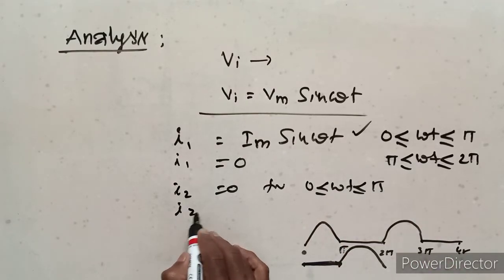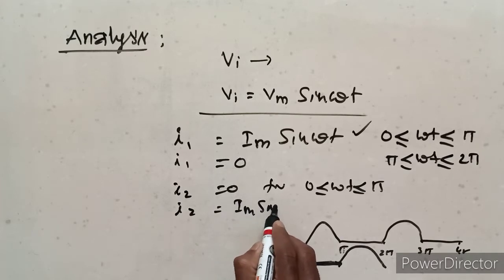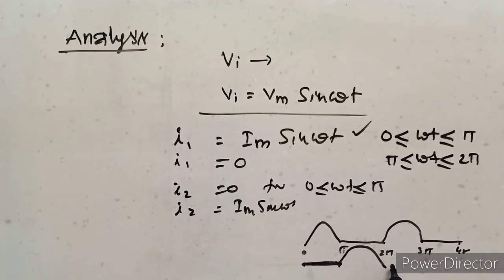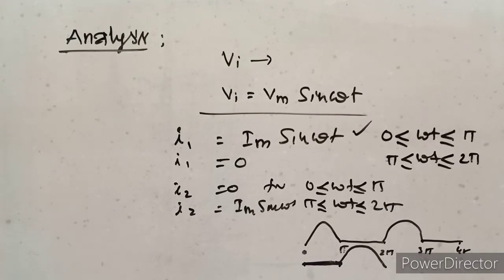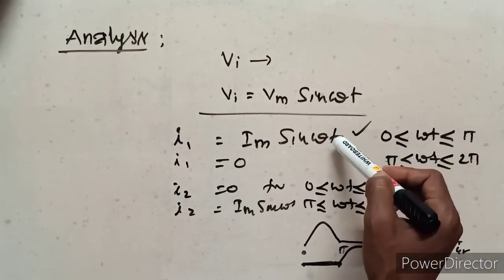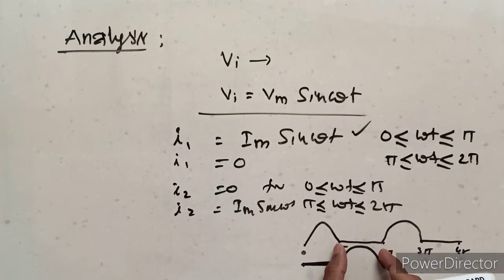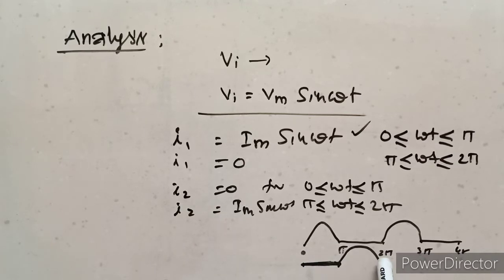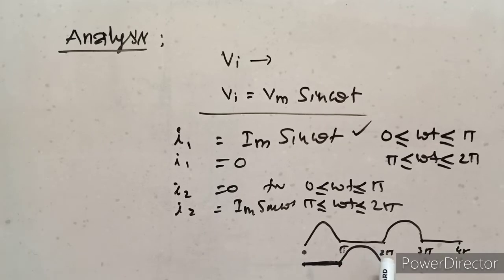Next, I2 equals Im sin omega t between pi and 2 pi. These are two conditions: the first condition is allowed, so it is Im sin omega t; the second does not allow, so 0. In the reverse case, I2 is first 0, it does not allow, and the second one is allowed. These are the conditions.